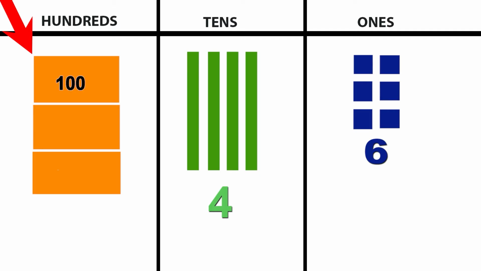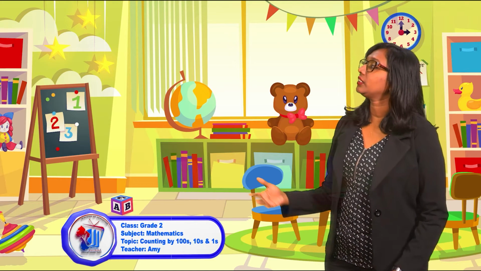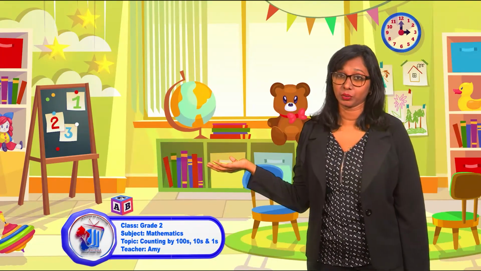So we have 100, 200, 300. So this number in our hundreds column will be 3. The number 3 in the hundreds column means 300. Okay? So the number that these shapes are showing will be 346. So the number is 346.